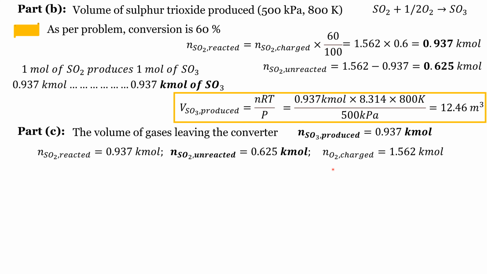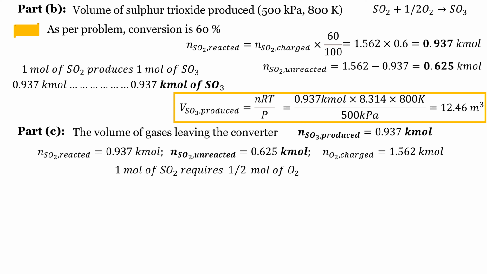And in the previous slide, we also estimated moles of O2 charged, which is equal to 1.562 kilomole. Now in this case, SO2 this much amount got reacted. Only the unreacted amount will come out as unreacted gas.